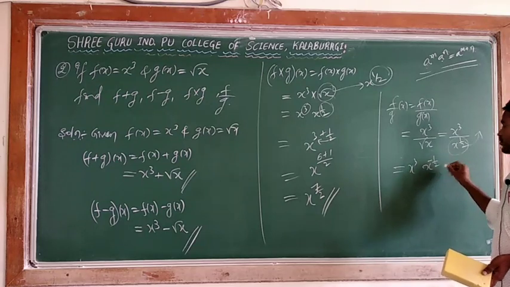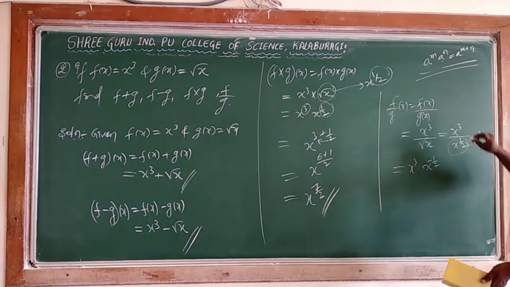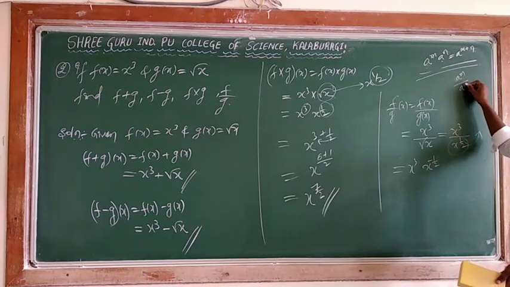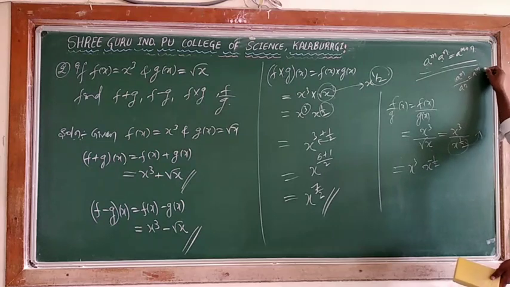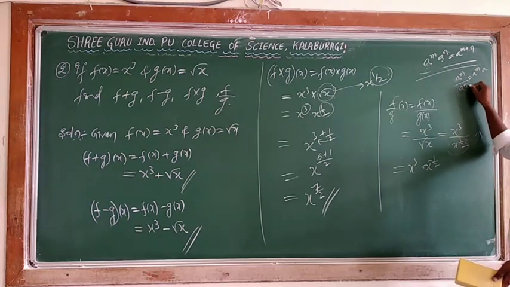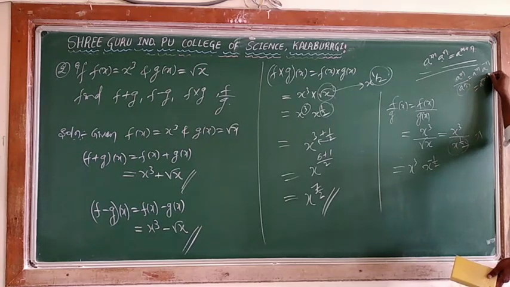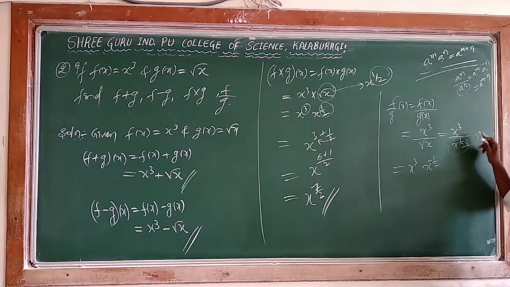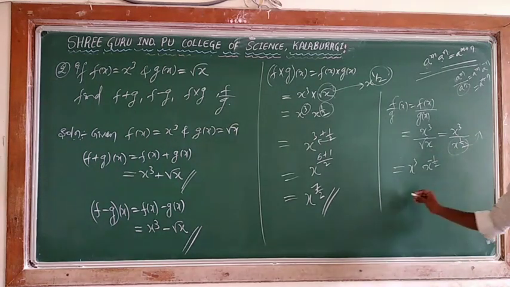Keep in mind, whenever it is like a to the power m divided by a to the power n, this can be written as a to the power m into, taking it in the numerator, minus n, so a to the power m minus n. Like this x to the power plus 1 by 2 becomes, taking in the numerator, minus 1 by 2. Now again bases are same, powers you can add.